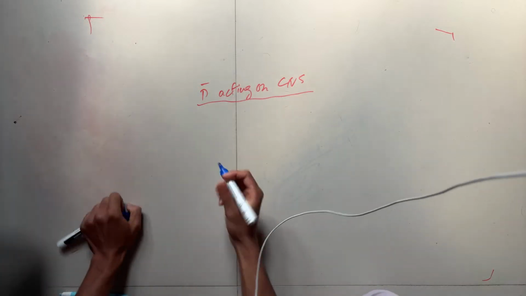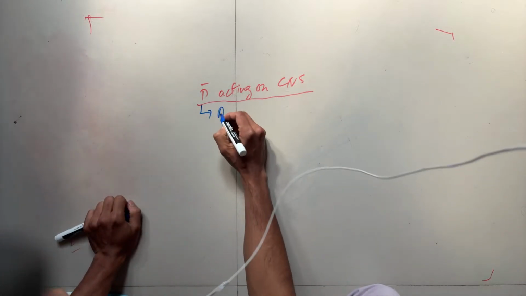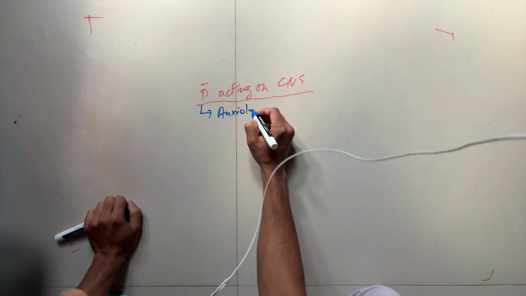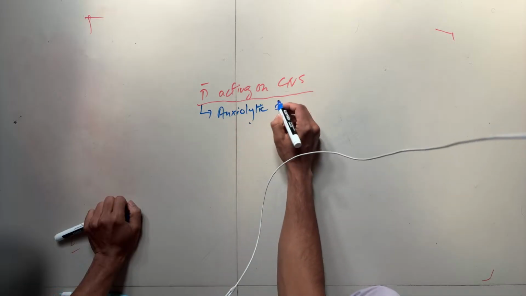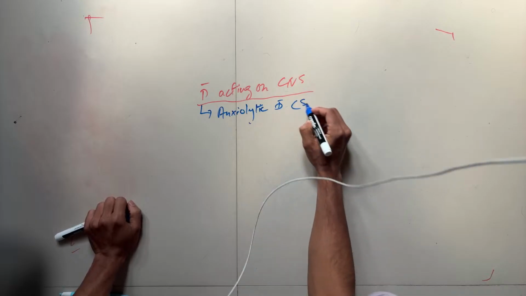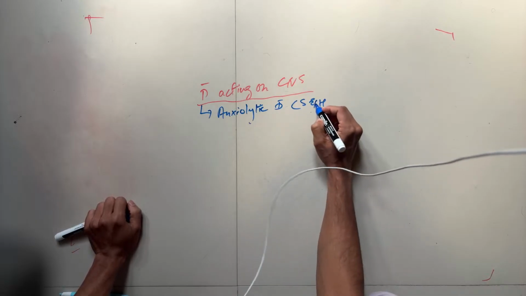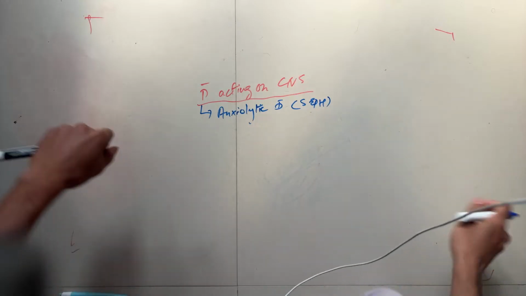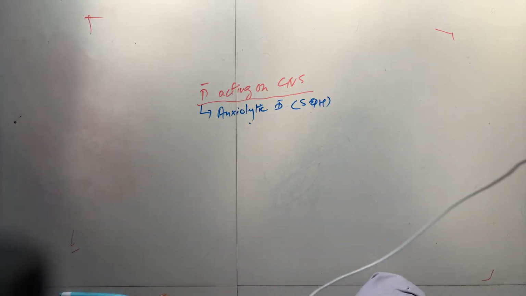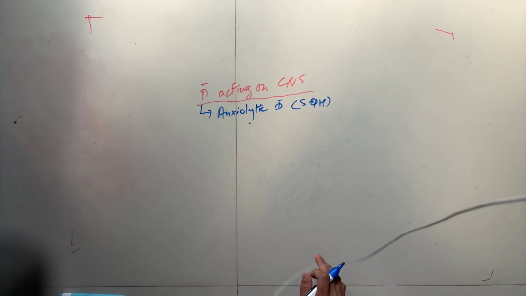Number 1, anti-anxiety drugs, that are called anxiolytic drugs, also sedatives and hypnotics. Okay, is it visible? Yeah, so let's start.